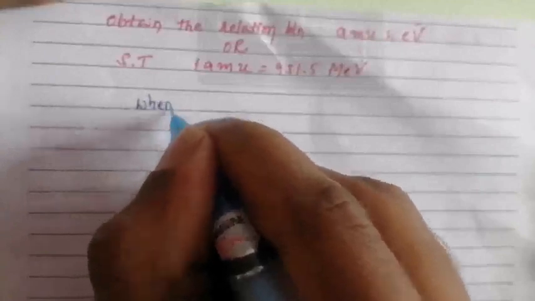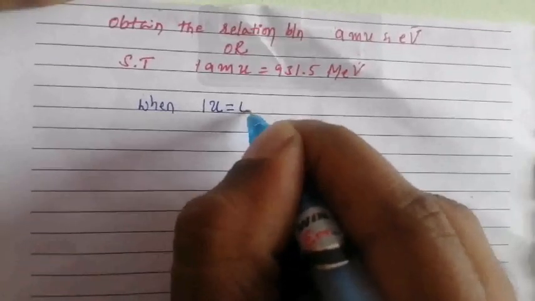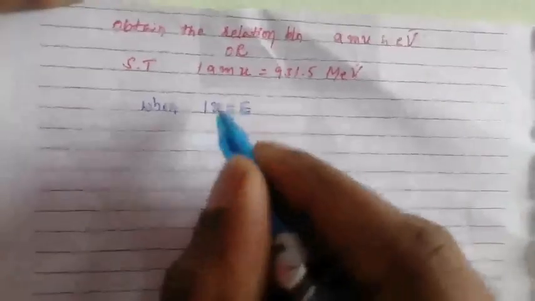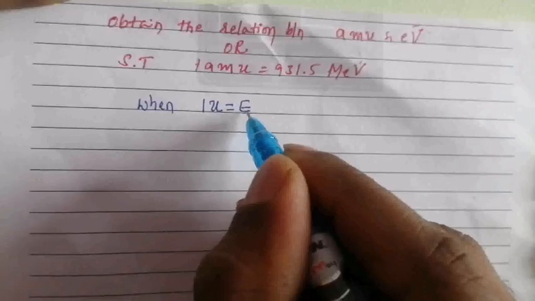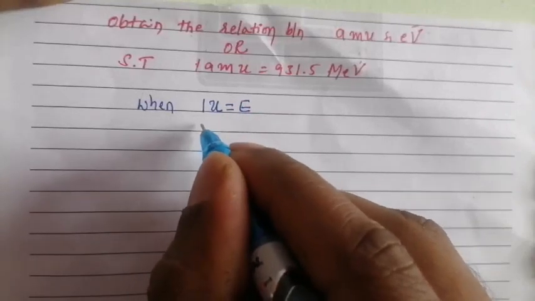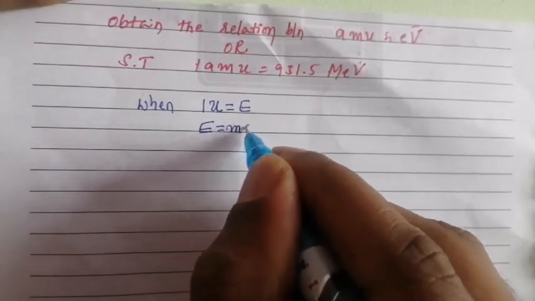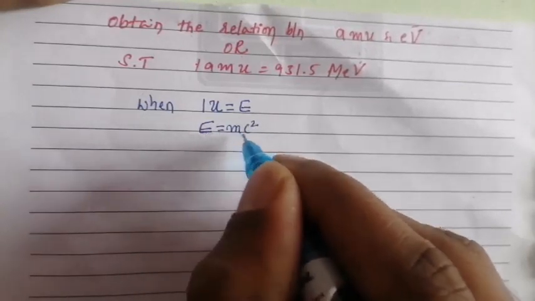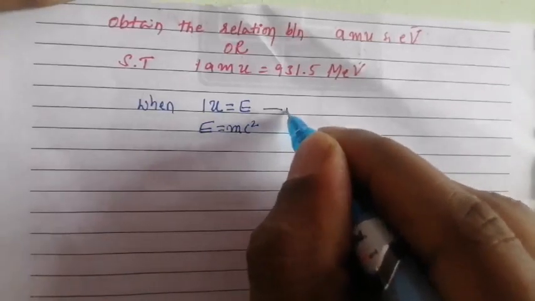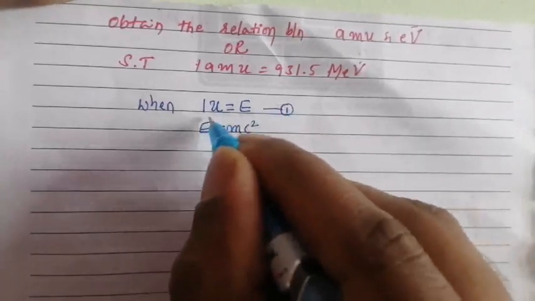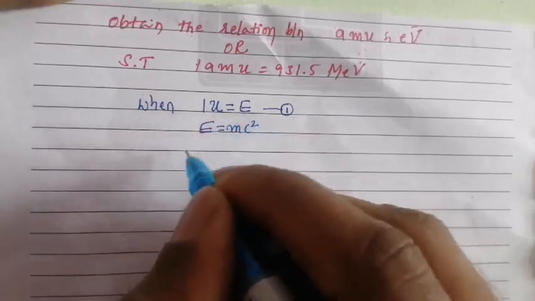When one atomic mass unit is completely converted into energy, the energy released is mc square. So the amount of energy released is equal to mc square. This is called equation number 1, that refers to one atomic mass unit completely converted into energy.